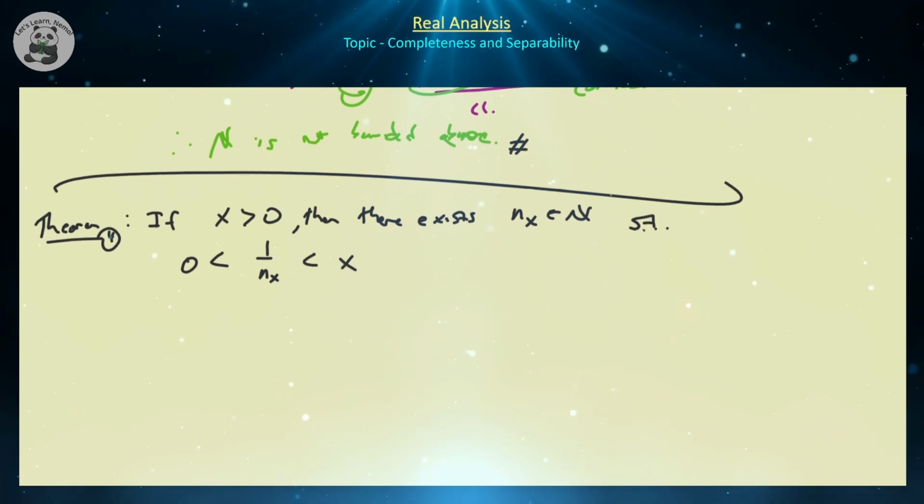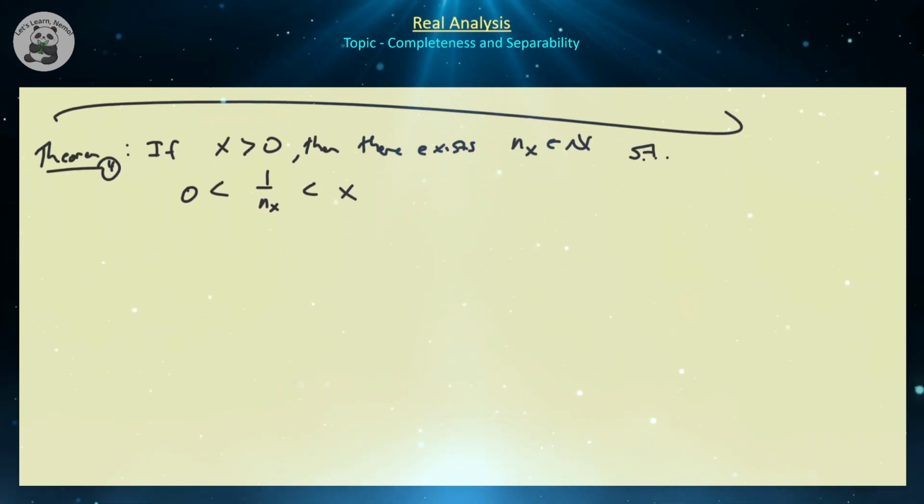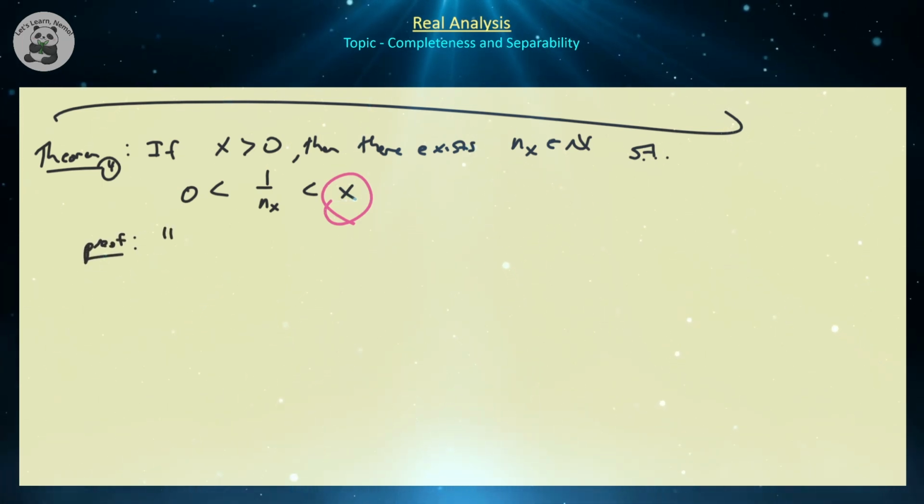So here we're sort of diving into the set of rational numbers. Regardless of the real number you have chosen, there always exists a natural number whose reciprocal is between 0 and that real number you have chosen, right? And this proof I will leave for you. It's actually not too bad.